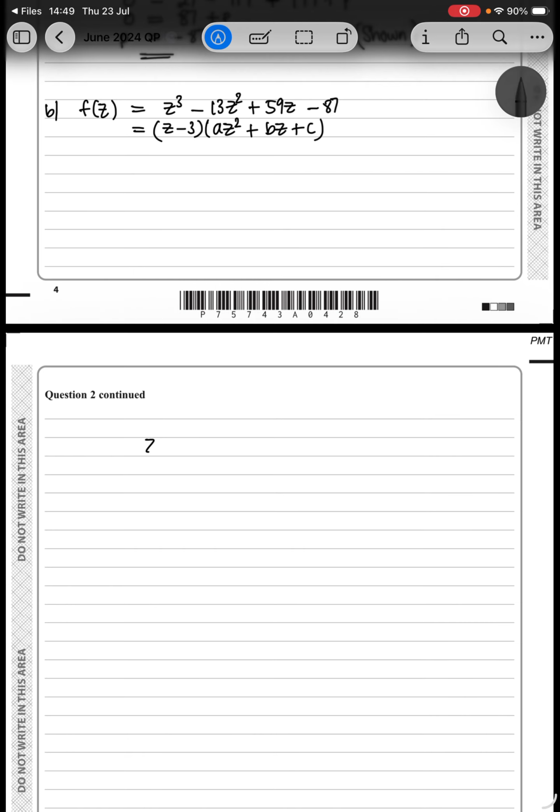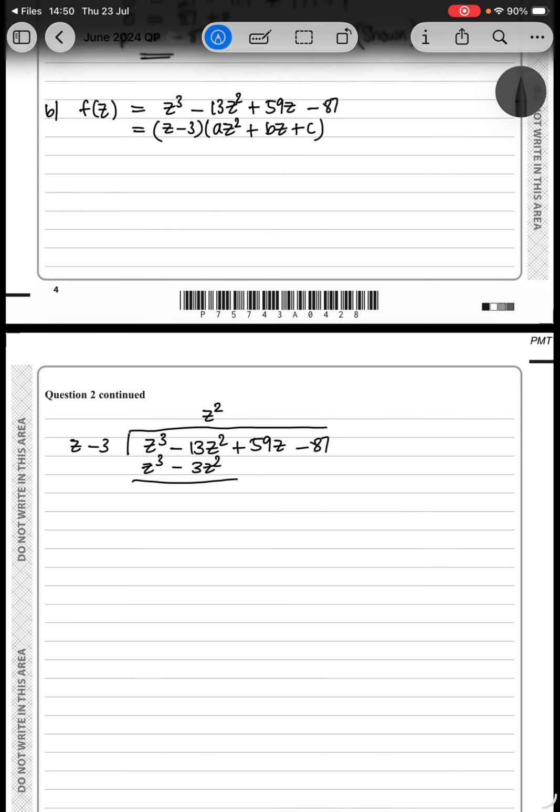So that's z cubed minus 13z squared plus 59z minus 87 divided by z minus 3. z cubed divided by z is z squared. z times z squared gives z cubed, minus 3 into z squared is 3z squared.